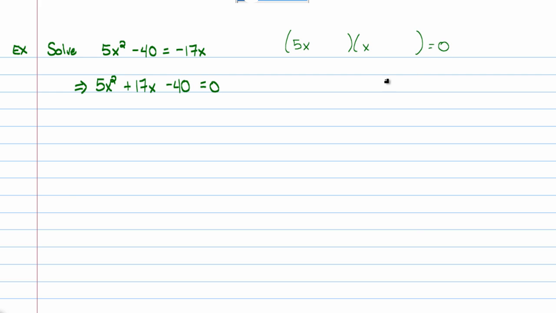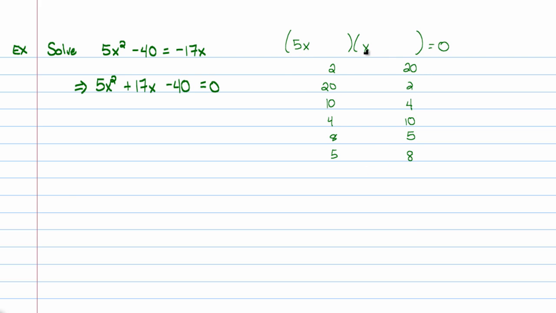And two numbers that multiply to 40 would be like 1 and 40, but I'm not going to write those two down. 2 and 20, or the other way around. 4 and 10. 5 and 8. And so you can go through here and check, like 5 times 20 is 100.